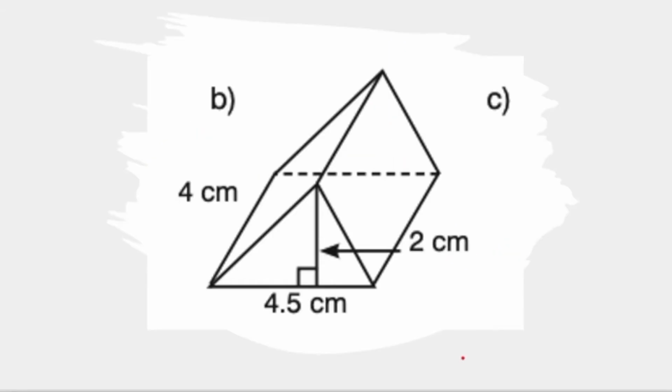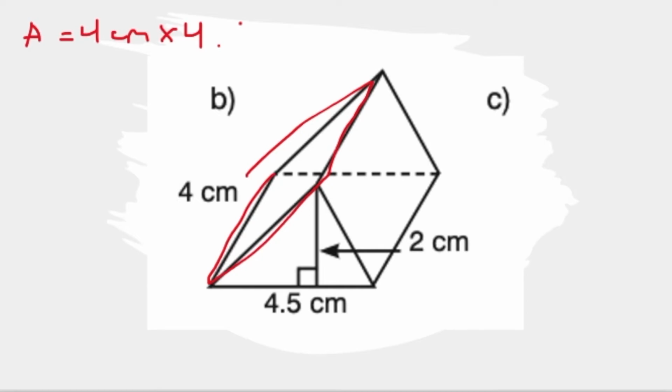All right, another way to look at this is to look at just one of the bases. I know the length is 4 centimeters and the width is 4.5 centimeters. So I can find the area first. I don't know if this will be easier for you, but I have 4 times 4.5 centimeters, and that's going to equal 18 centimeters squared.